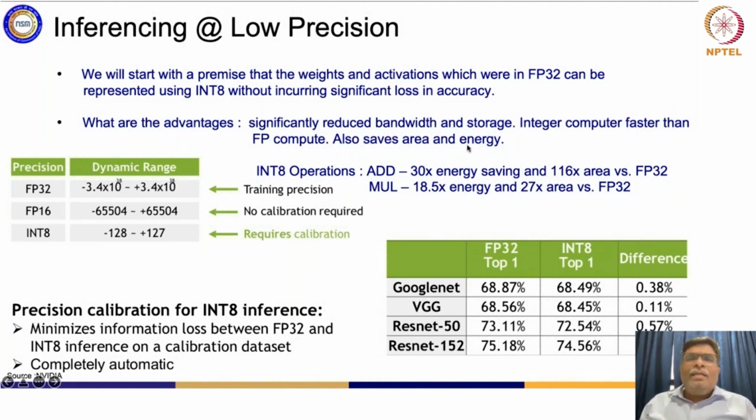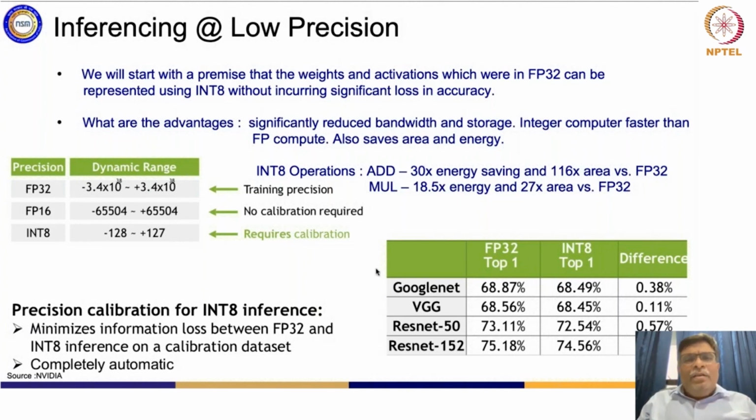This also saves energy and area. These are very significant advantages. You reduce the bandwidth, you reduce the storage, your integer compute is faster than your floating point compute, and you save area and energy as well.